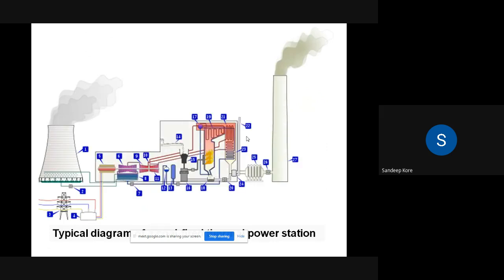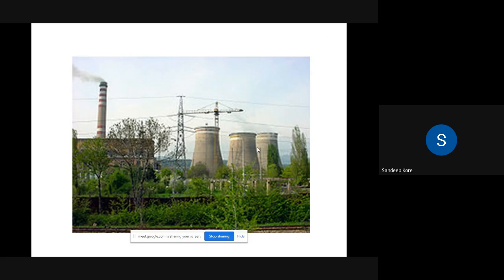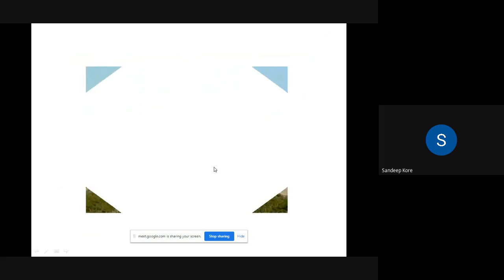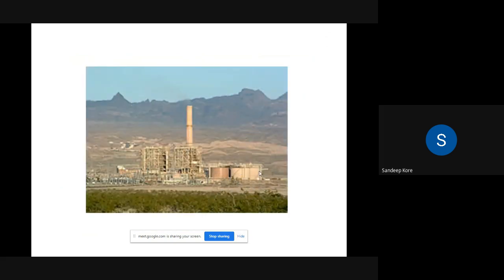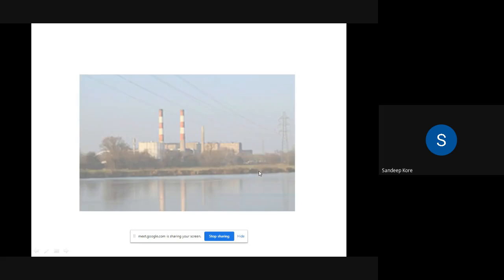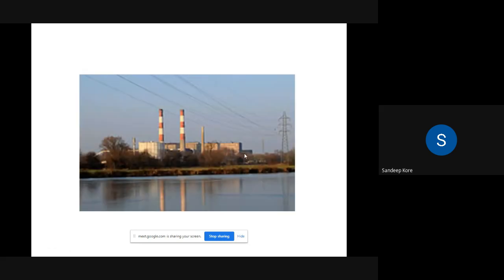You will get total mechanical engineering in these thermal power stations. These are the cooling towers, this is the chimney, and a huge coal yard is required. Generally these thermal power plants are located near a source of water, like a river or a big lake.